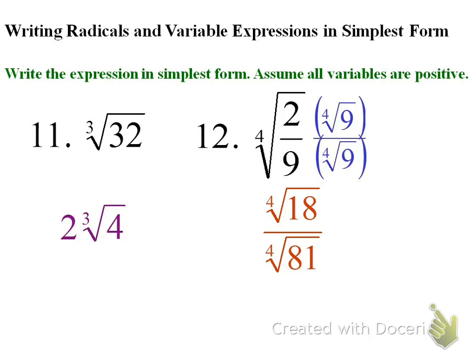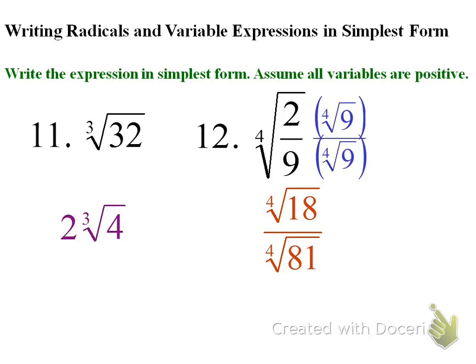So whenever you started here, you had the fourth root of 2 over the fourth root of 9 if you broke this up. Can you take the fourth root of 2? Not exactly, right? This is prime, so there's no number that multiplies to give you 2. So nothing's going to work there. You can't break it down. The 9 can only be broken into 3 and 3. You need 4 of them to simplify, so there's nothing you can do there.